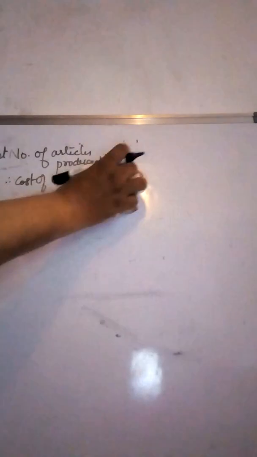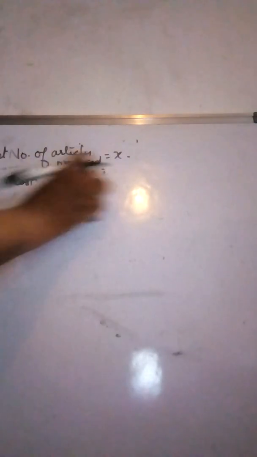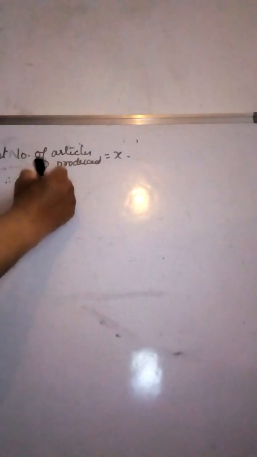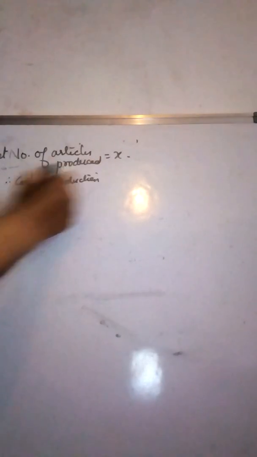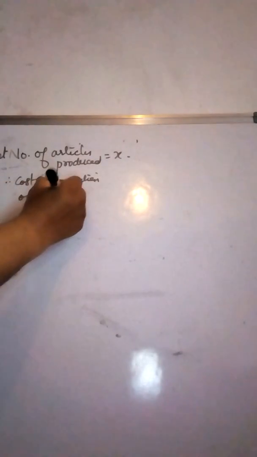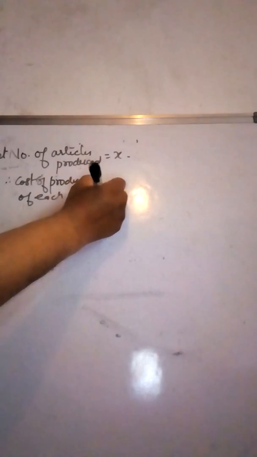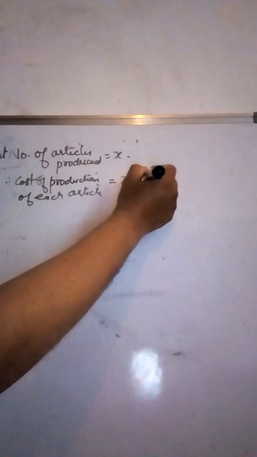It was observed on a particular day that the cost of production of each article is equal to 3 more than twice the number of articles. Twice the number of articles plus 3.